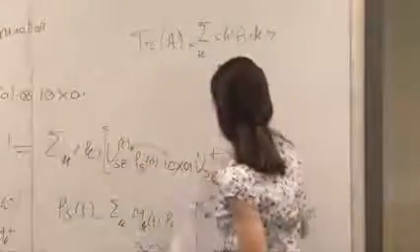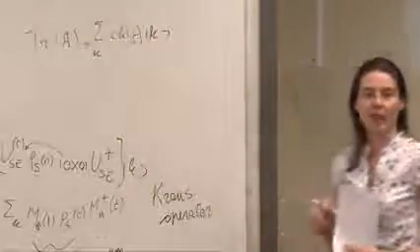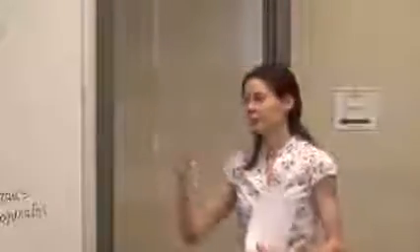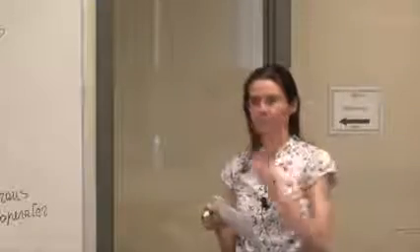It is the same as before, and I just wrote my partial trace as a sum over the eigenstates of the environment only. So these |k⟩ are the basis of the environment only. They go from 0 to n, let's say infinity.